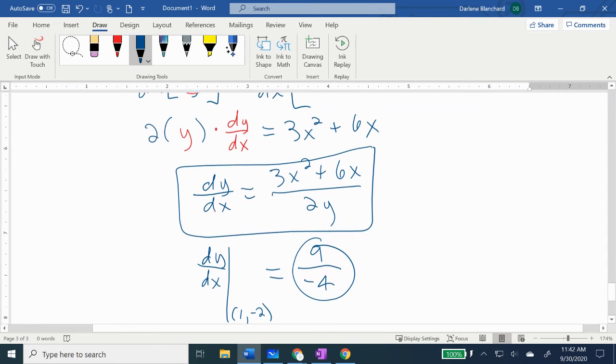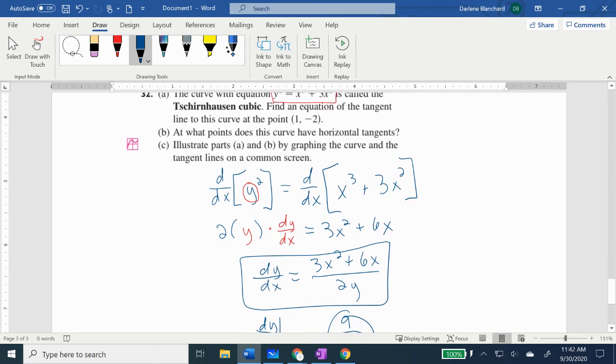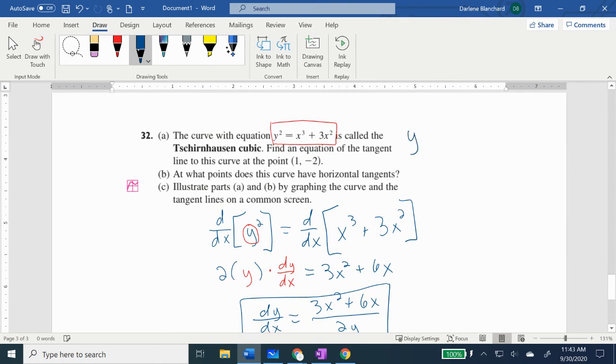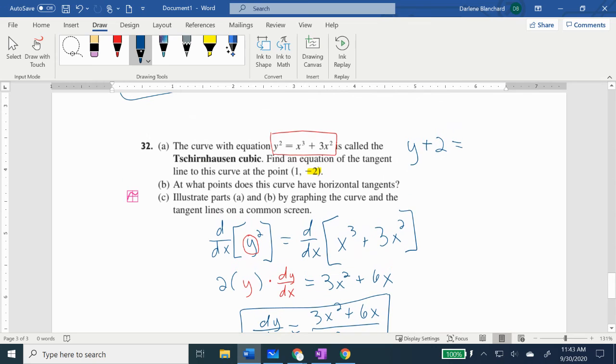For the equation of the tangent line, it is going to be y minus the y coordinate of the point, -2, is equal to the slope that was found, -9/4, times x minus the x coordinate of the point, 1. And that would give me an equation of that tangent line.